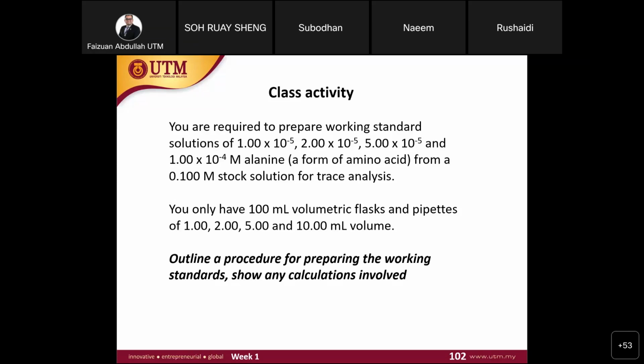You have only a 100 ml volumetric flask and pipettes of 1, 2, 5, and 10 ml volume. Outline the procedure for preparing the working standards and show any calculation involved.